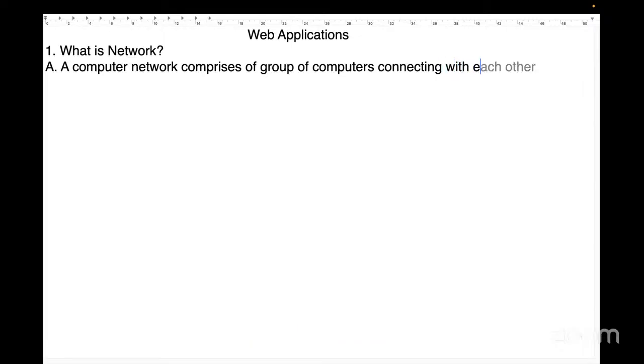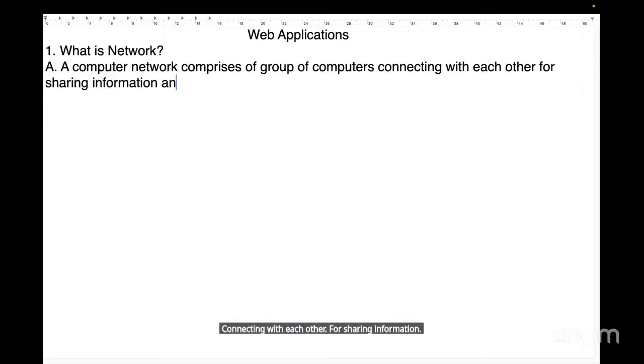So a computer network comprises a group of computers connecting with each other for sharing information and devices. That is the official definition of a network.